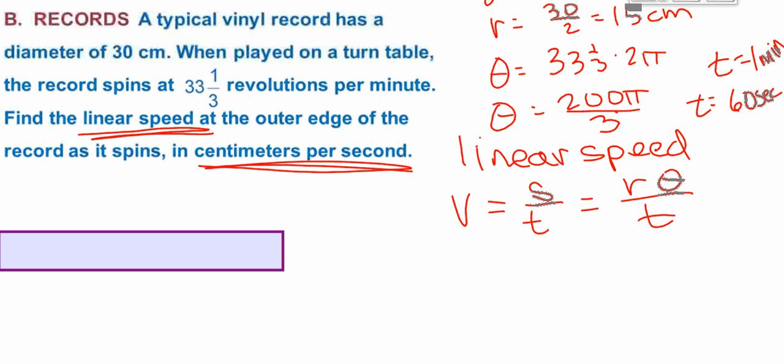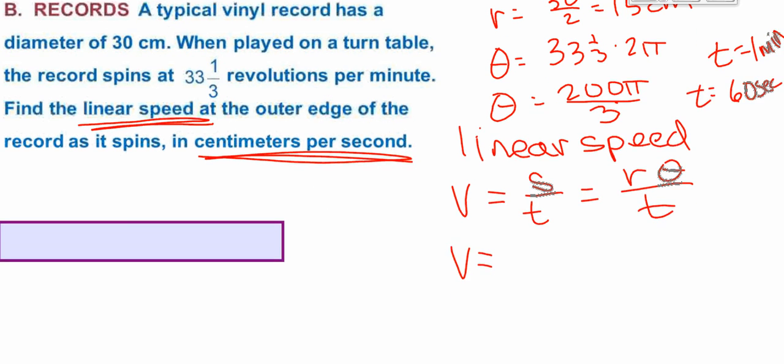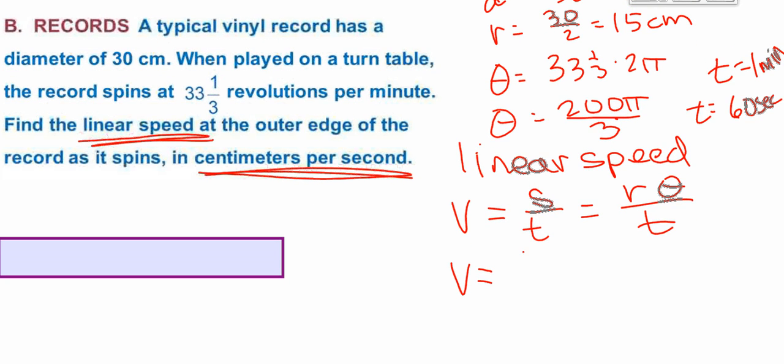And so now our linear speed is 15 centimeters, which is our radius, times that 200 pi over 3, all over 60 seconds.